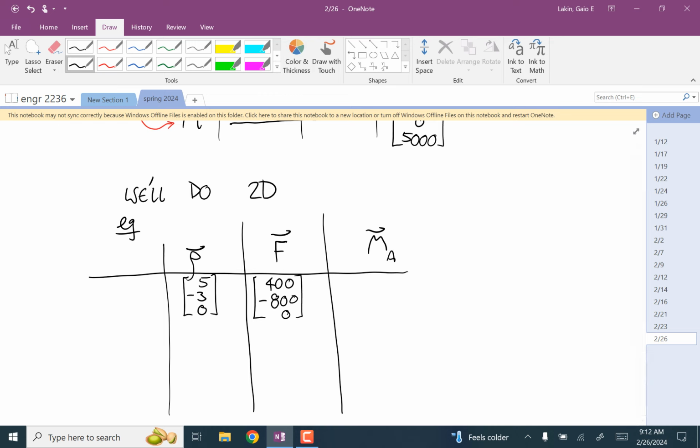So look at how this works. If you cross out the x's here, since your rho and your F both have zeros in the z position, you're just going to have 0 minus 0 for x. Cross out the y's, you're going to have 0 minus 0 for y. And then for the z's, you're going to have negative 4,000 plus 1,200, so negative 2,800.